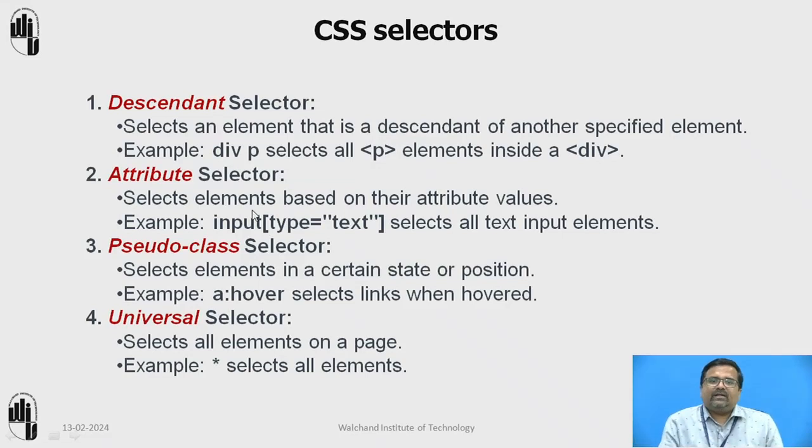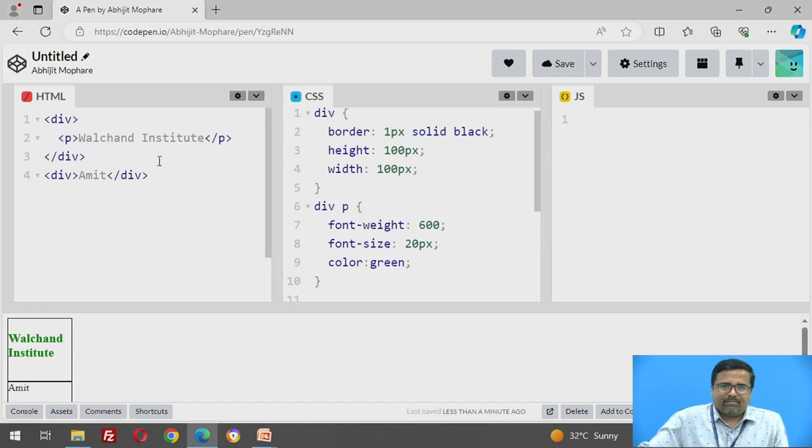Now the second way of selecting an element is the attribute selector, where if you have a particular attribute of a particular HTML element, then you can style that using the attribute selector. Let's see with an example. Suppose below this div, instead of div, I have this input tag and type is text.